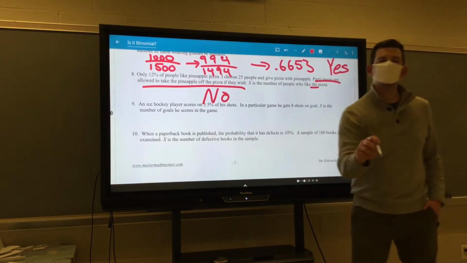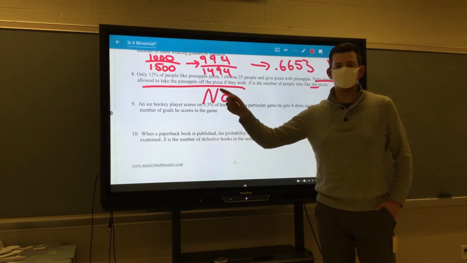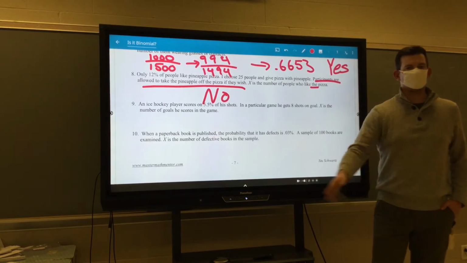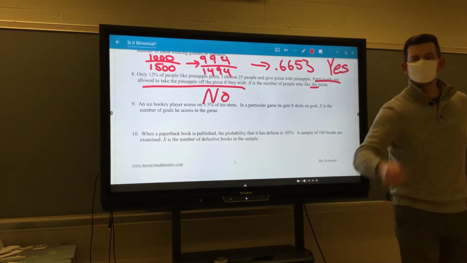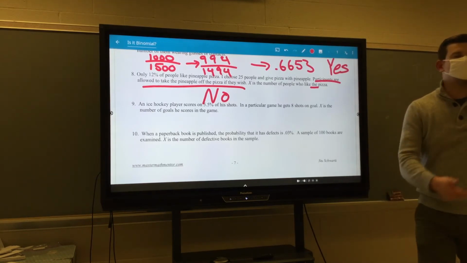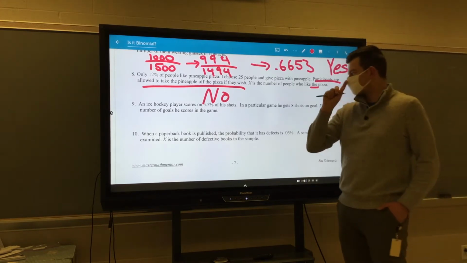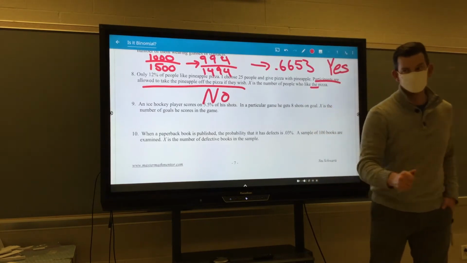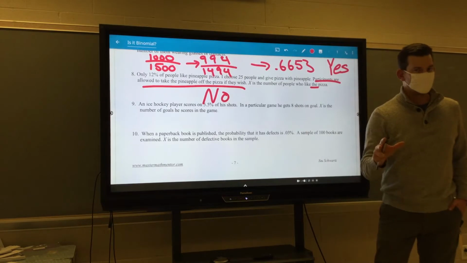But unlike the free throws, 2 hockey shots are not always under the same conditions. You could have a long shot from the blue line, you could have a tap-in rebound, you could have an empty net goal at the end of the game. For that reason, I would say that this number that we're given as our probability, yes, that's a long-term probability.